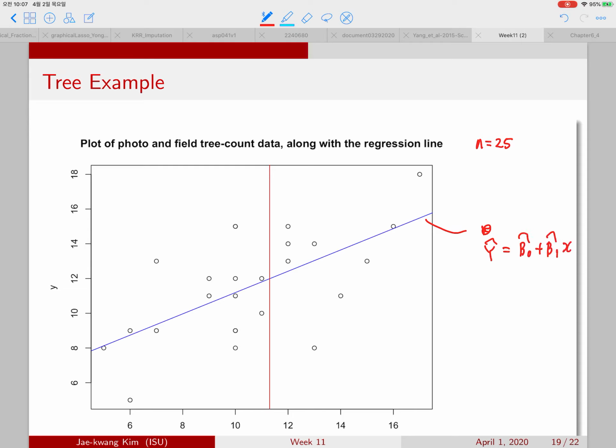Okay, and this x bar, the red one, is the population mean x bar u, which is 11.3. So you can see that this number, okay, should be the y bar regression, right?